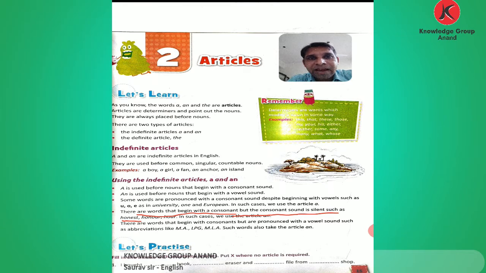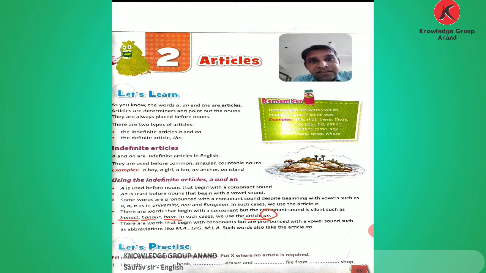We don't pronounce the h in honest; the word starts with a vowel sound, so h is silent. In such cases we use the article an. Why? Because the word is written starting with a consonant, but when we pronounce it, it starts with a vowel sound.